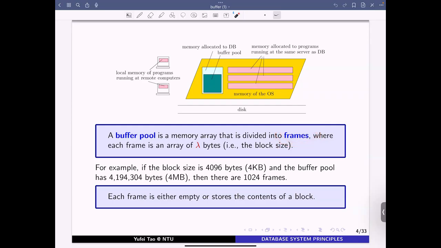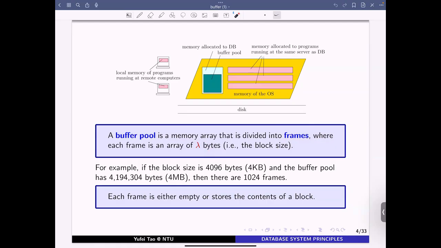Okay, frames. So a frame is simply a smaller array inside this buffer pool. And every frame has the size of lambda bytes, exactly the block size.